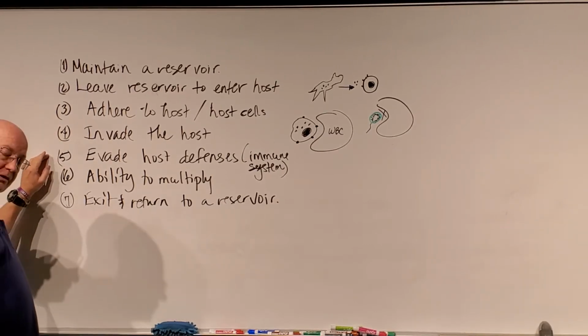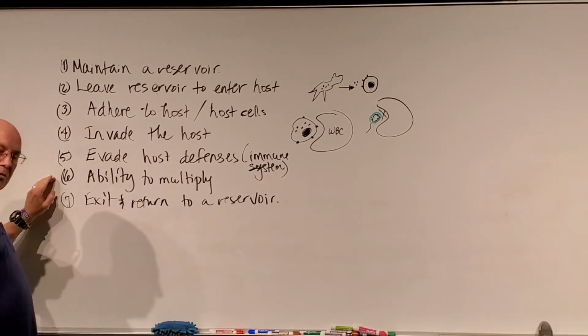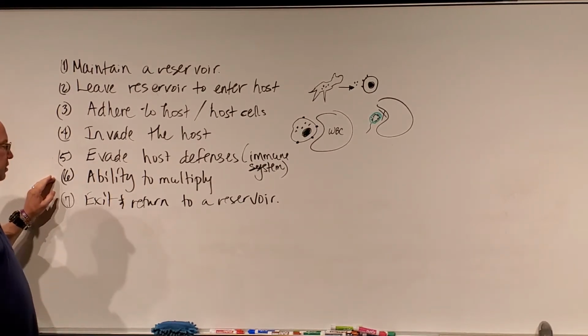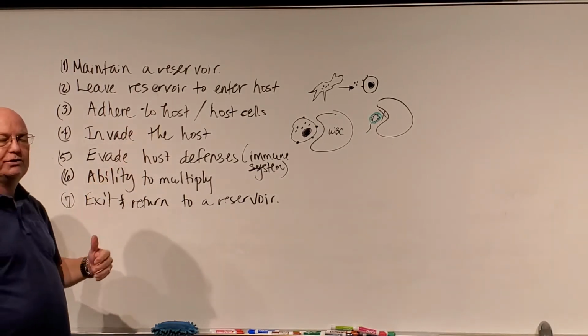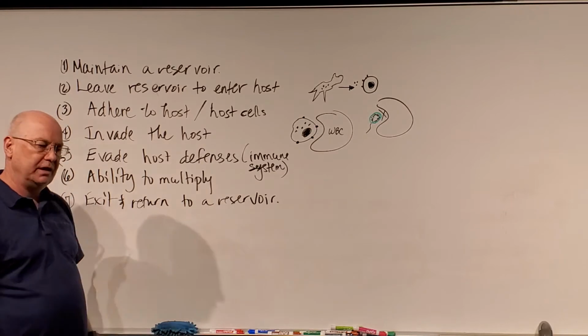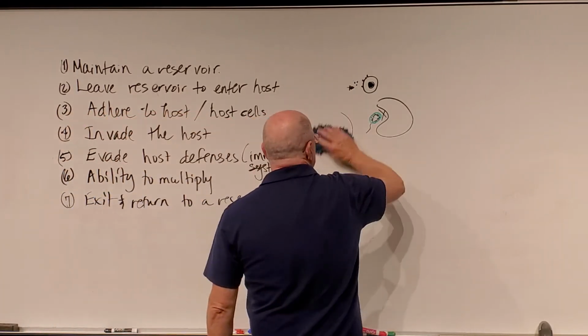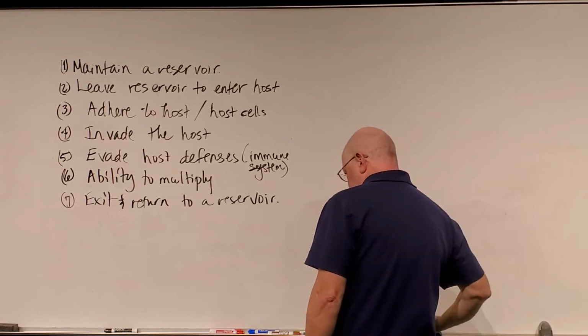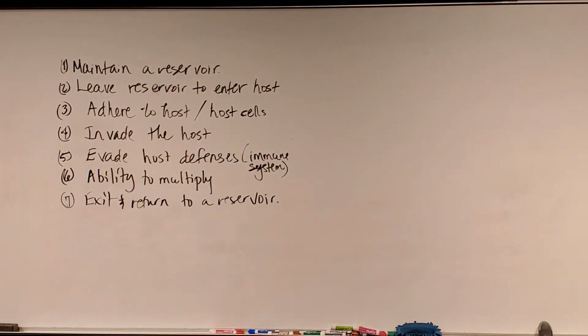They have to evade the immune system so they don't get wiped out before they cause illness. They need to multiply or have a high number in order to cause the illness. And then they need to be able to exit and return to the reservoir to continue to propagate and infect other individuals. Okay? So now, I'm going to leave these on the board, and I want to leave some room here for us to go and break down each one of these.